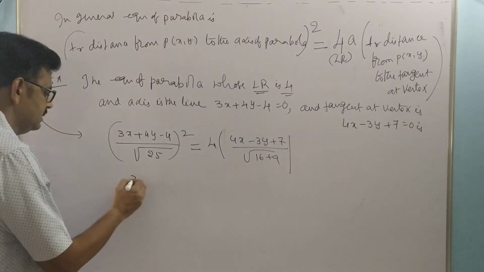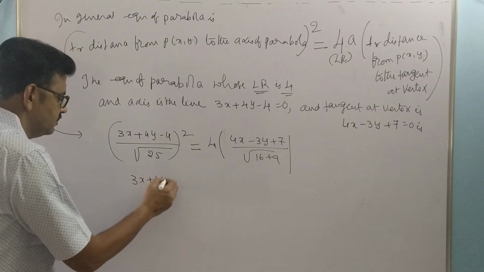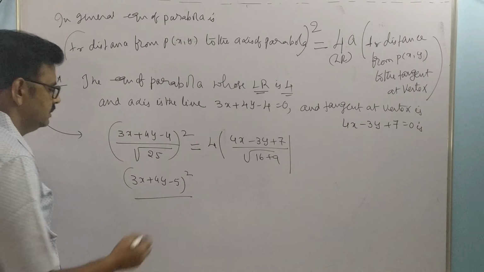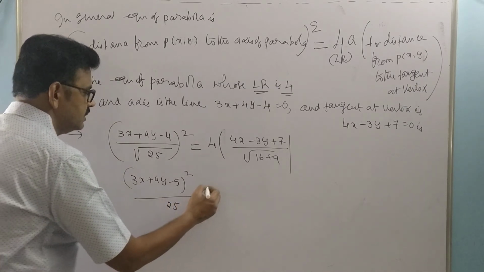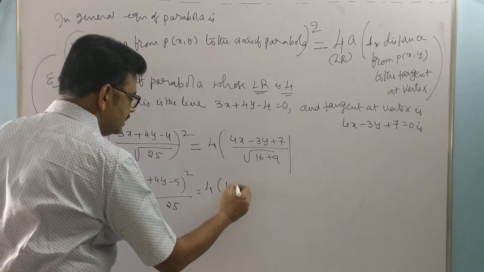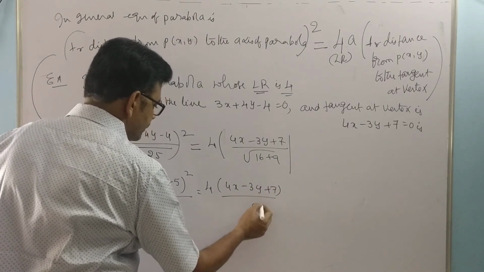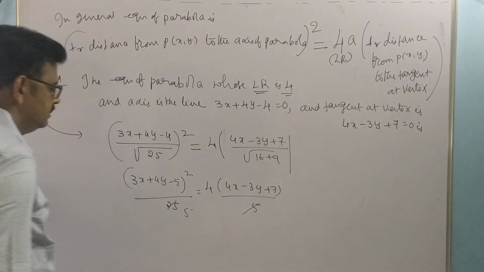Okay, therefore that is 3x plus 4y minus 4 whole square by 25 is equal to 4 into 4x minus 3y plus 7 by 5. 5 gets cancelled.